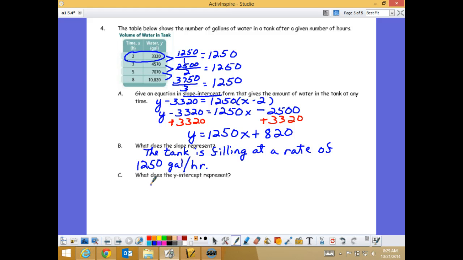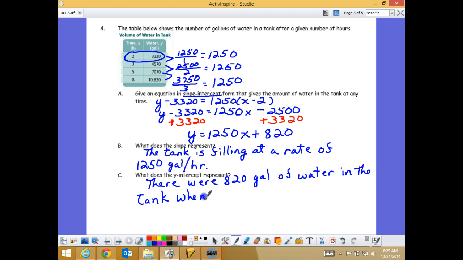So when we started filling the tank, there were 820 gallons of water in the tank. And that's what the y-intercept means.